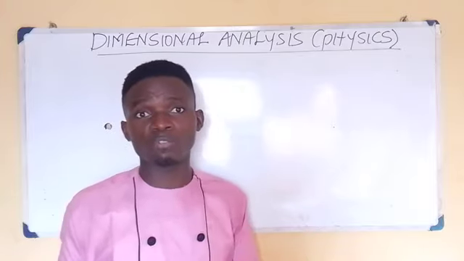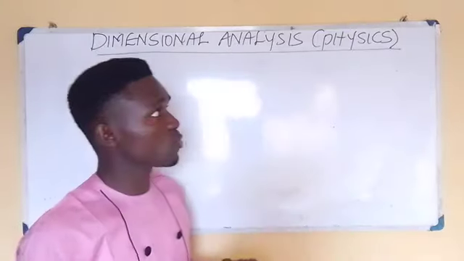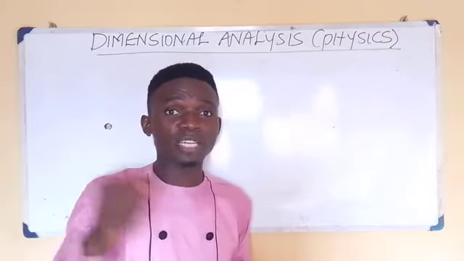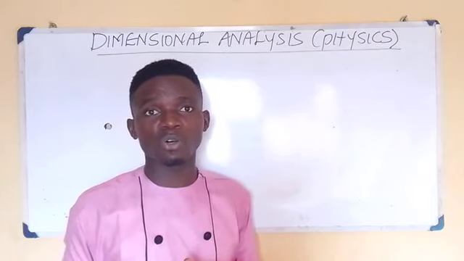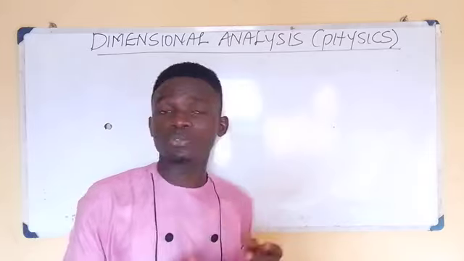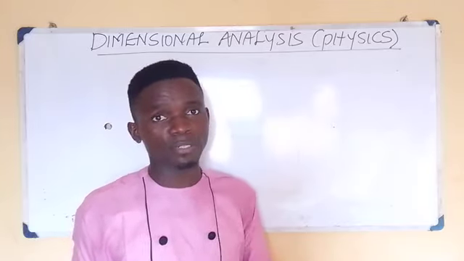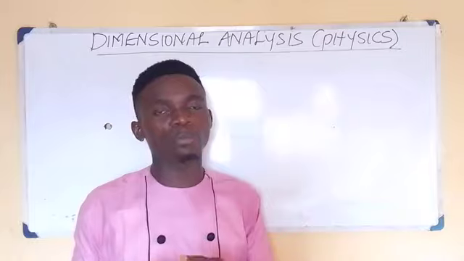You know he was the one that discovered motion and force. That is why the unit of force is Newton; it was named after his name. So all three equations of motion are dimensionally correct. Apart from just saying it, let me teach you how to go about it.